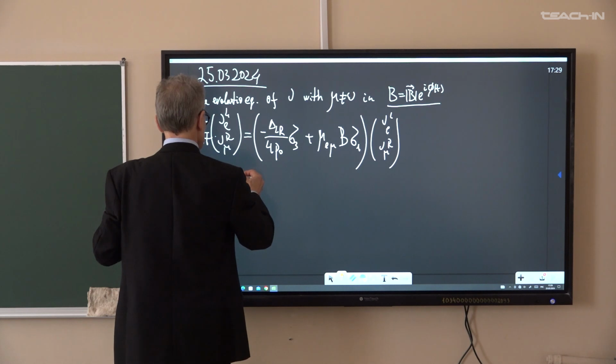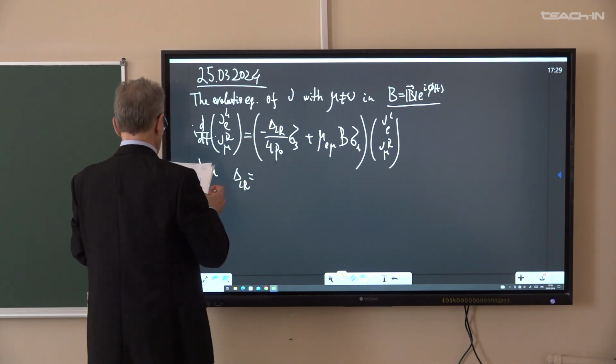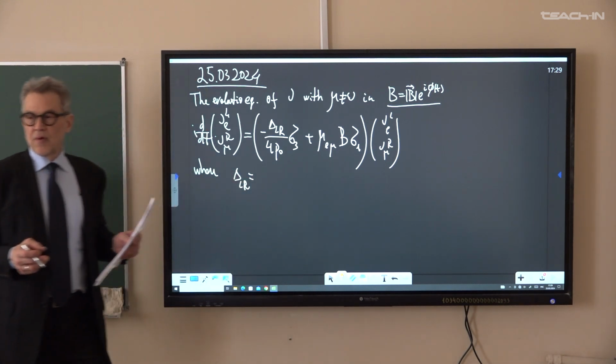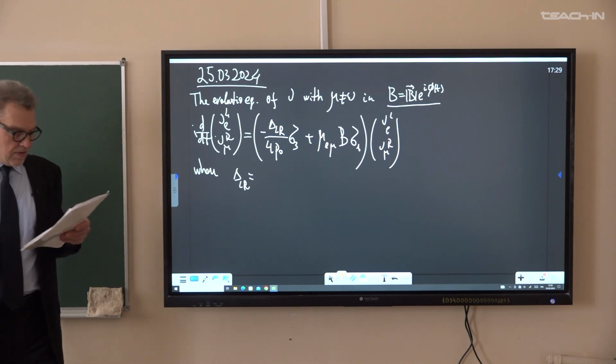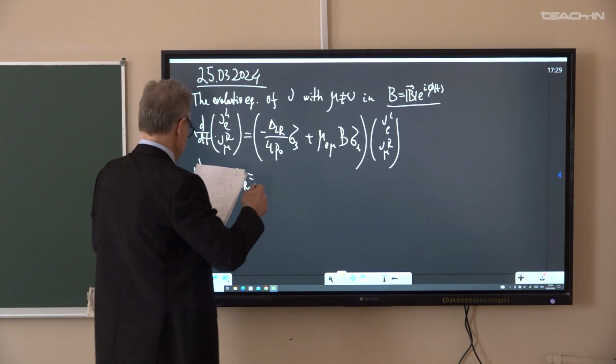this delta LR equals to, the first term comes from the flavor mixing, normal mass square difference multiplied by the cosine of the double mixing angle.